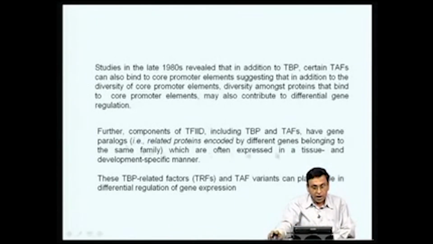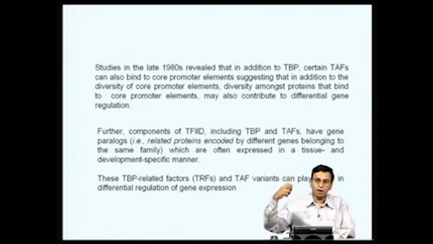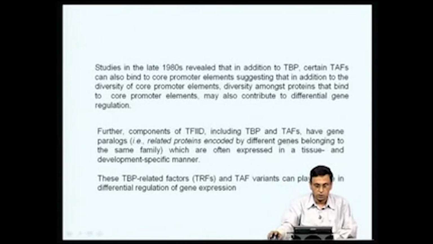So, many paralogs of TBP and TAFs were discovered in many eukaryotic species. As people started looking at general transcription factors in Drosophila, humans, insect cells, yeast and so forth, they started identifying that there are many members of these gene families. There are many variants of TBP and many variants of TAFs, and these are called paralogs.